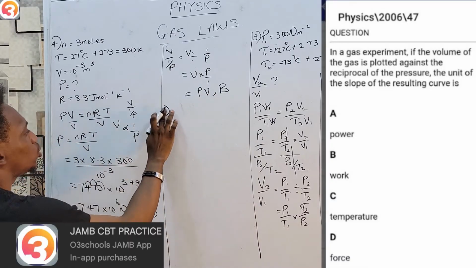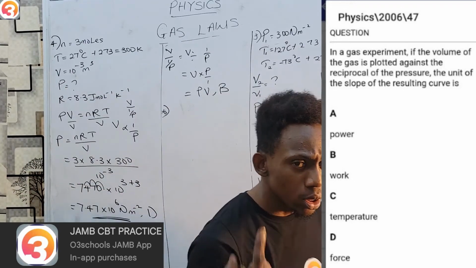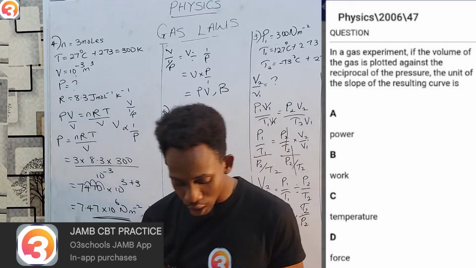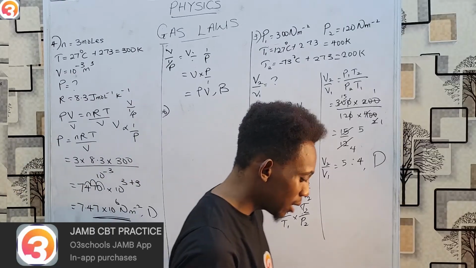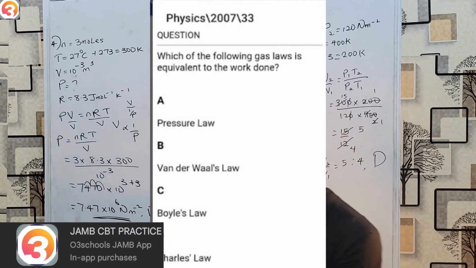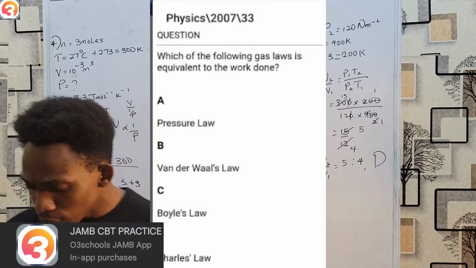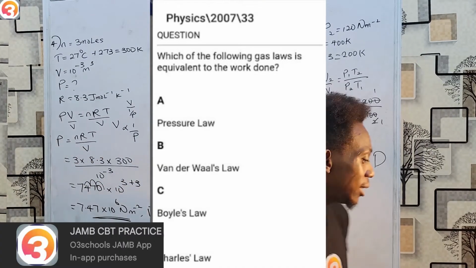You see, this is one of those questions where the solving is not there, but you just have to wrap your head around a little bit of logic, and you get your answer. Okay, the next question is from the year 2007, number 33. It's also related to what we just did, by the way. This one says, which of the following gas laws is equivalent to work done? We just stated the answer just now.